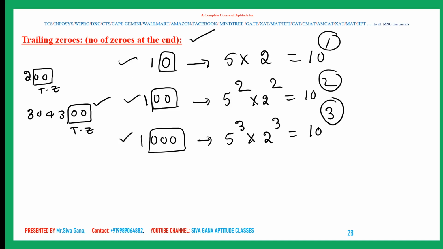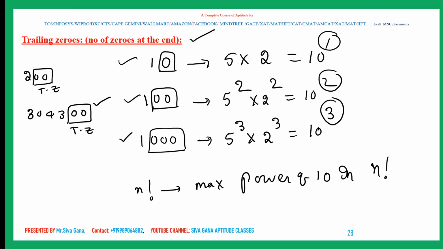Got this point? First of all, number of trailing zeros in n factorial is simply what?